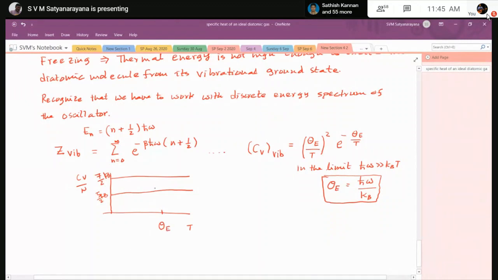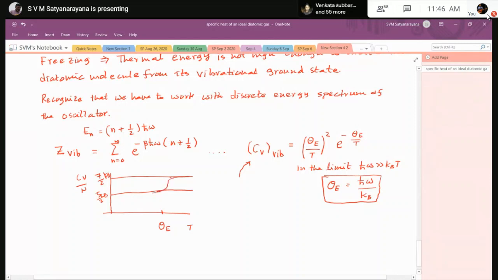Up to much above theta_E it is going to be like this, and then around theta_E the deviation will start. Following this functional form, the deviation will decrease like this and join here.